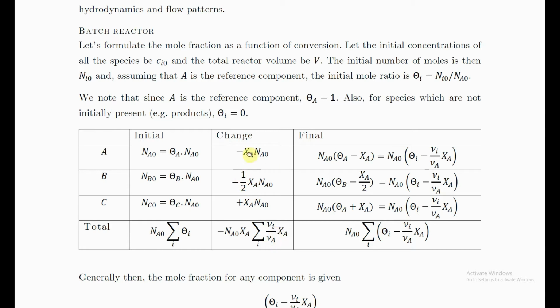So we had talked about that nu I over nu A, that's basically taking care of these ratios in front here. And so we had shown that this is the change that we observe. And then the amount that's left over in the batch reactor, if we just add together all these, right? So just adding these two directly together, you can see these forms.